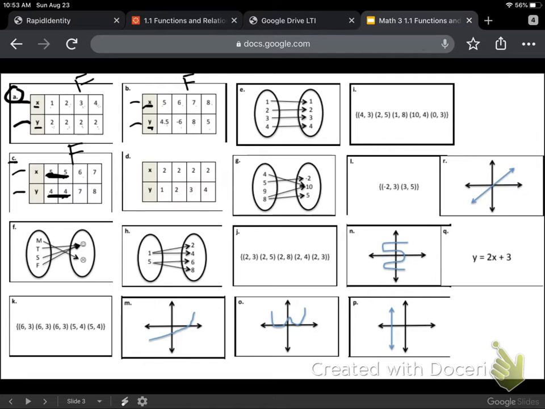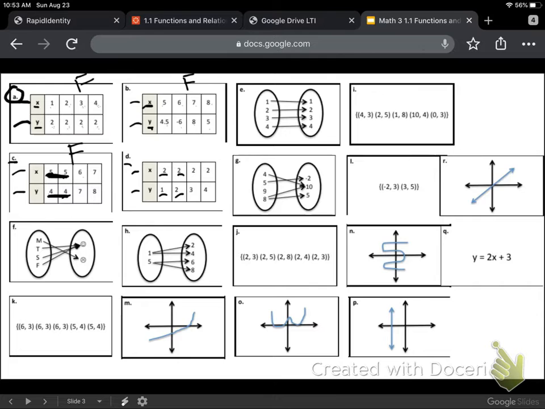But this next one, D, is not a function, and let me show you why. I have an input and output. To be a function, each X has to go to only one Y. Here's an X, a 2, and it goes to a 1. But look here, I also have the 2 going to a 2.